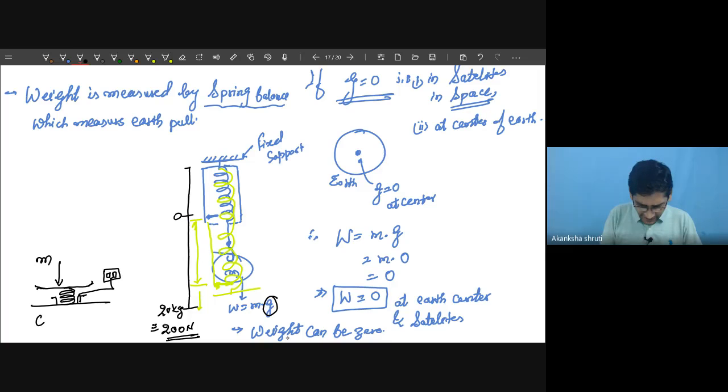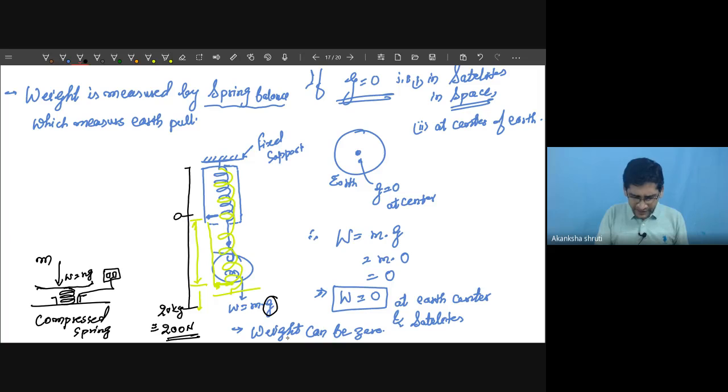So this is the method of compressing a spring. Compressed means the size will shrink. By compression, because of this mass M, the weight W equals mg will act over this spring and it will get compressed.